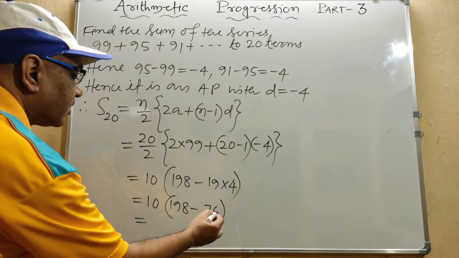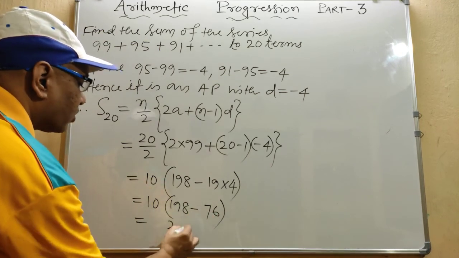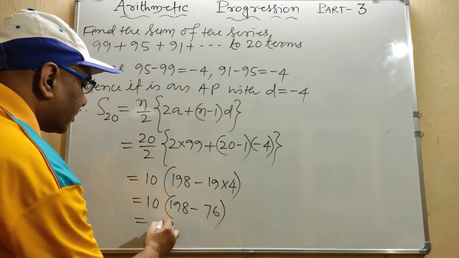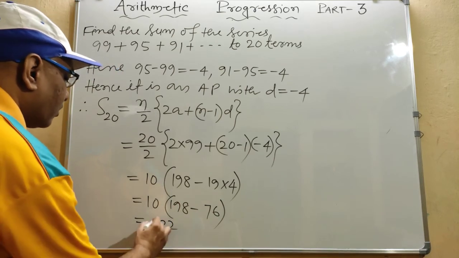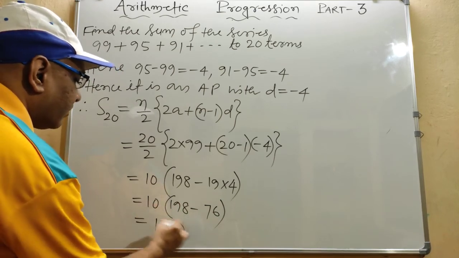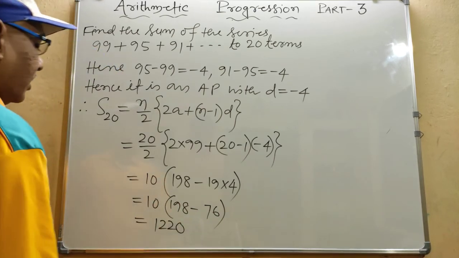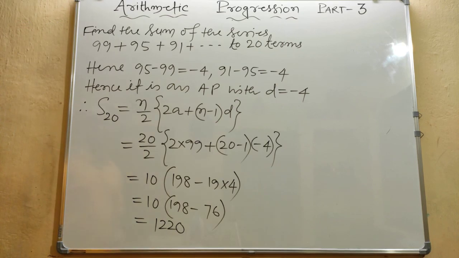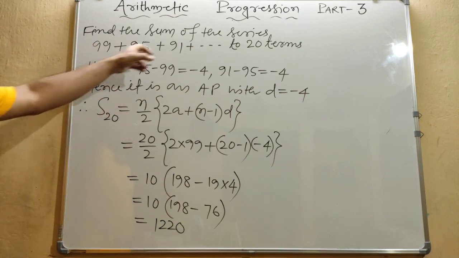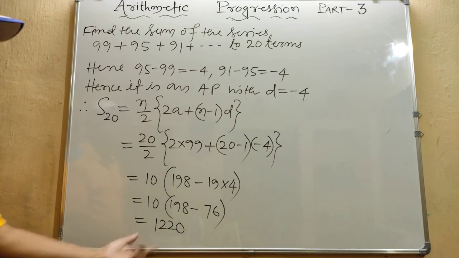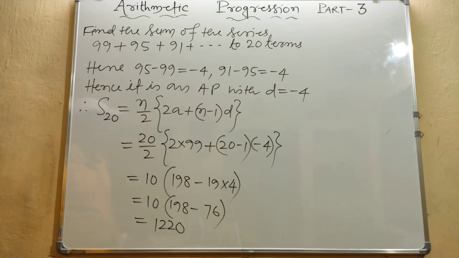How much is it? 8 minus 6 is 2, 9 minus 7 is 2, 1, and if you multiply it by 10, it gives you 1220. This is the sum. If you go on adding up to the 20th term, it will come to 1220. So in this way we can find the sum of this series up to the 20th term.